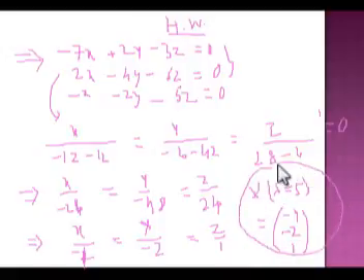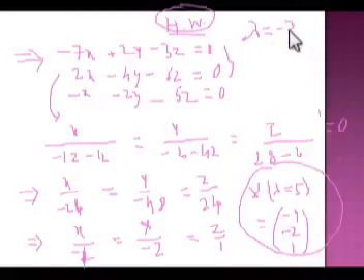So I have found one eigenvector, and it is your homework to find the other eigenvectors. I am writing the other eigenvectors also; you can solve and calculate. For lambda equal to minus 3, one eigenvector we have obtained: minus 1, minus 2, 1. The other eigenvectors you have to find out.